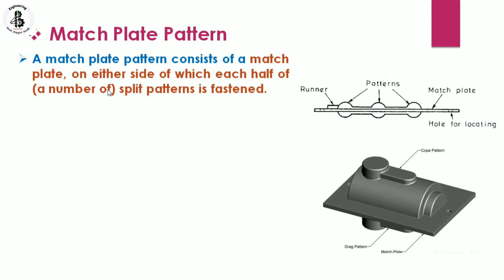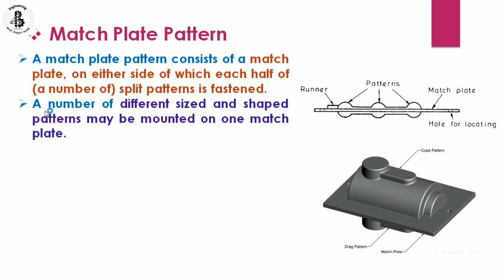A match plate pattern consists of a match plate on either side of which each half, or you can say split pattern, is to be fastened. So basically it will have one plate, and on both sides the patterns are attached. A number of different size and shape patterns may be mounted onto the match plate pattern.